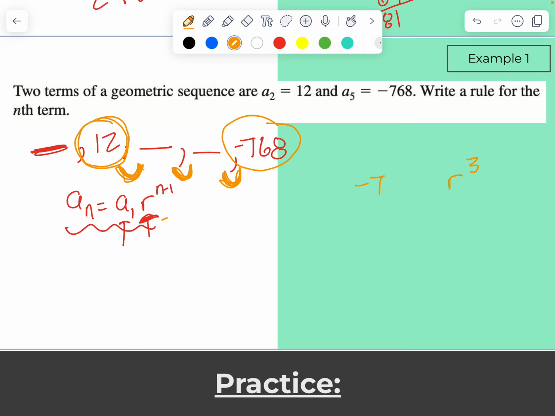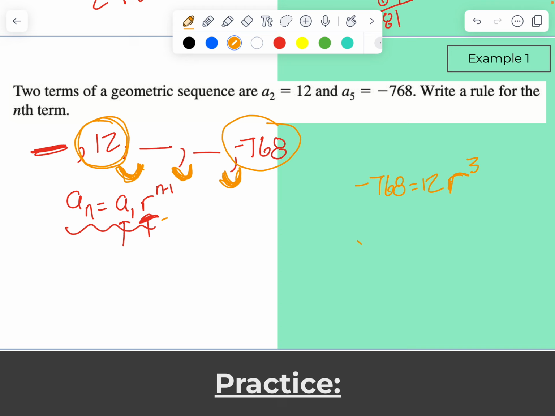My a sub n, my term that I'm ending up with, is negative 768. If I just look at to here, my 1st term was 12. So to find my common ratio, my r value, I can use this little cheat sheet. Now I'd have to divide by 12.